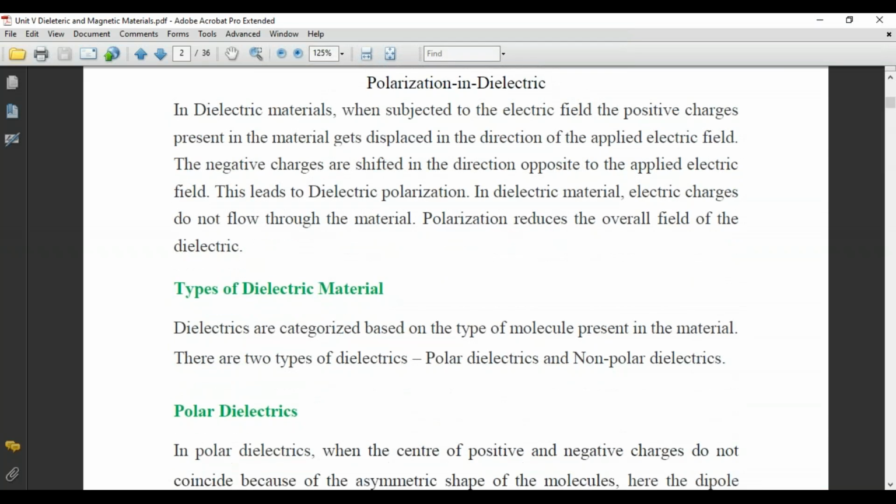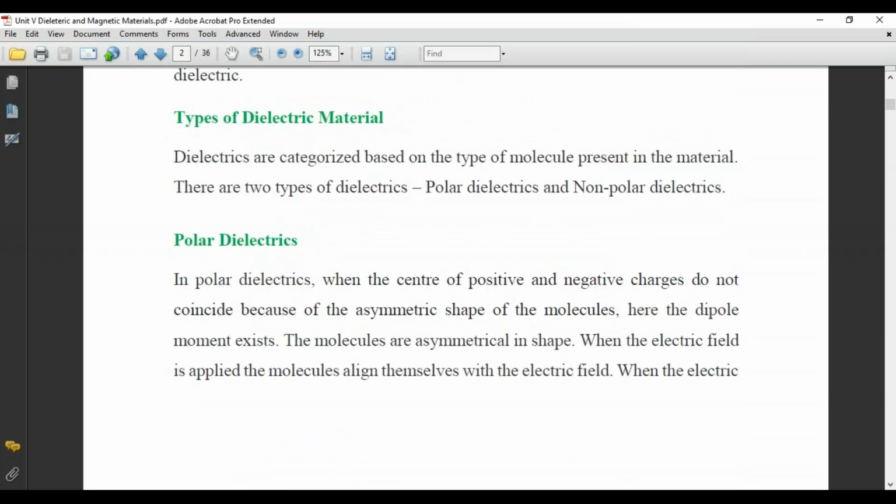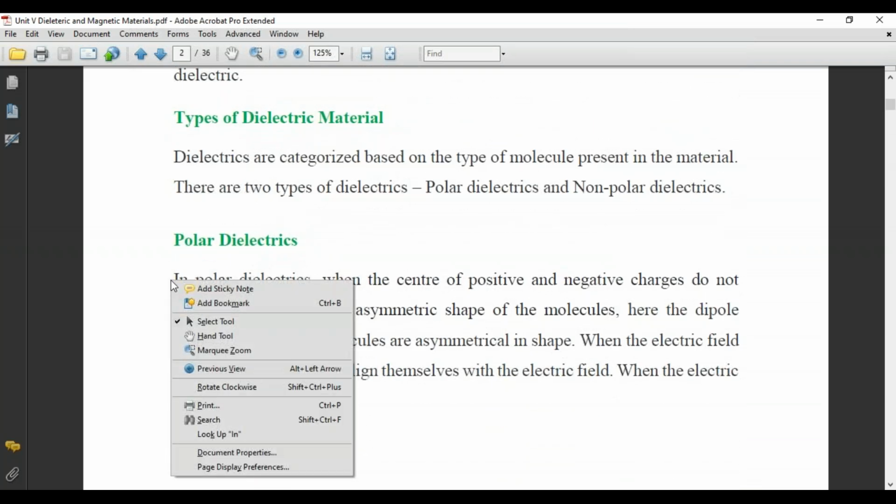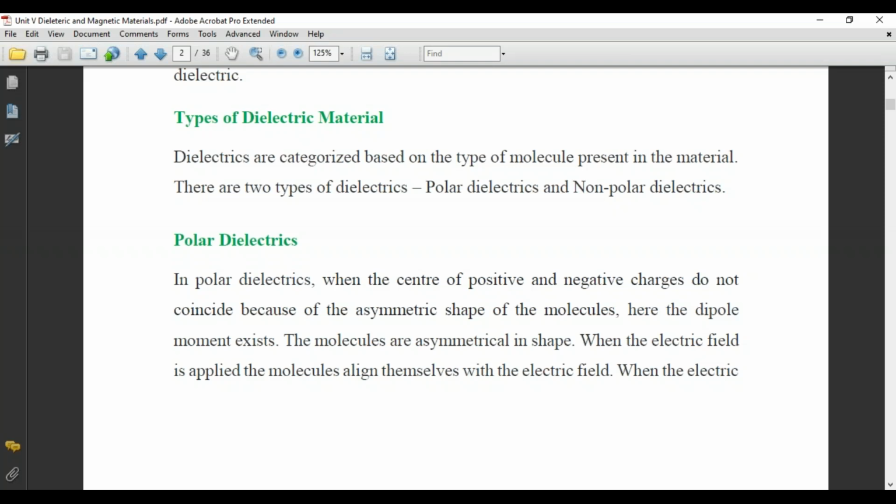Next we go for the types of dielectric materials. The types of dielectric materials can be classified based on the type of molecules present in the material. Molecules can be classified as polar dielectrics and non-polar dielectrics. So what are polar dielectrics? In polar dielectrics, the positive charge and negative charge do not coincide. That means there is always some distance between the positive and negative charges that causes a dipole moment.